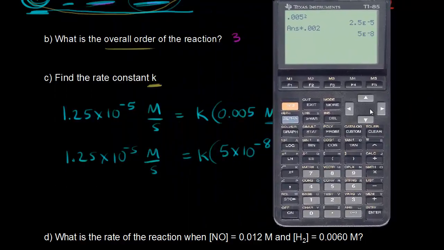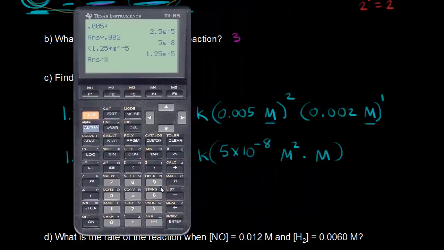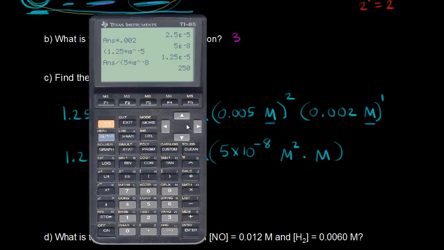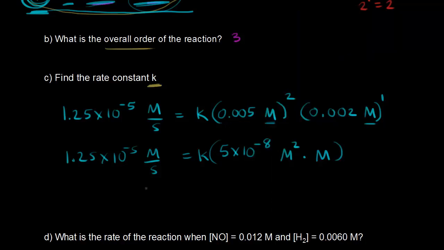So to find what K is, we just need to take 1.25 times 10 to the negative 5, and divide that by 5 times 10 to the negative 8. Then we get that K is equal to 250. We can go ahead and put that in here. K is 250. What would the units be?